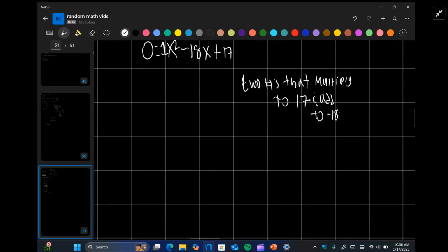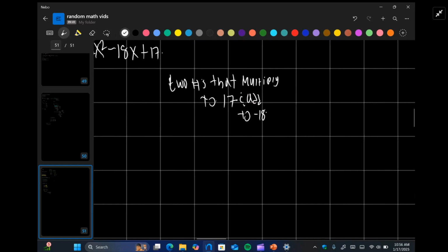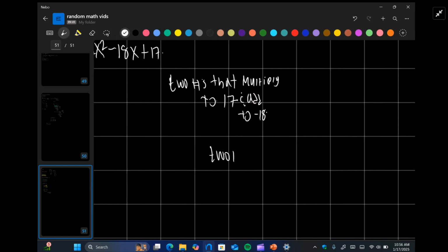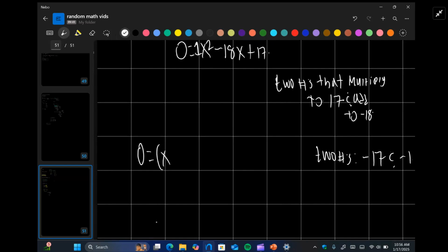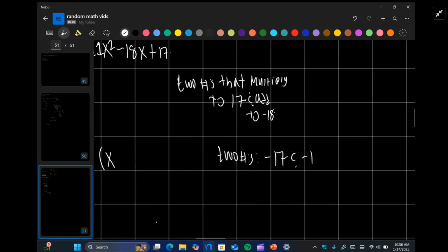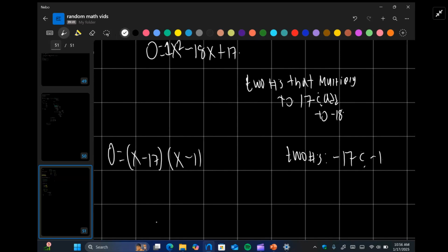So then we know that the two numbers are negative 17 and negative 1. So in other words, 0 equals x minus 17 times x minus 1.